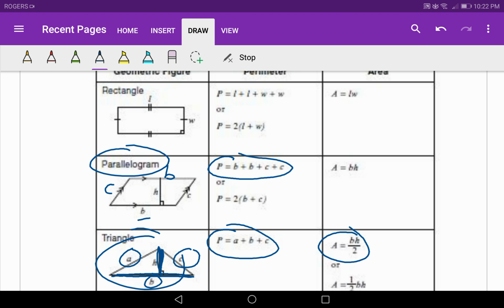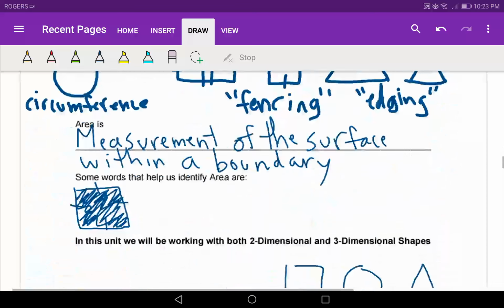So if I just add up all of those side lengths, I will get the perimeter. A short form version of this is to use this, but let's stay consistent and let's just add up all the sides. When you're finding perimeter, that's all you're doing. And then the area is going to be base of your parallelogram times height of your parallelogram. So let's go back and let's just add up all four sides.